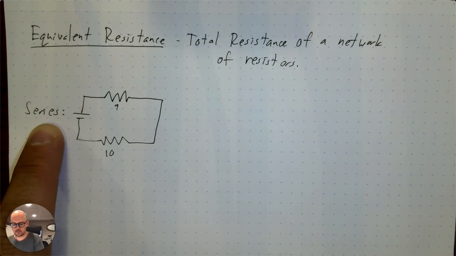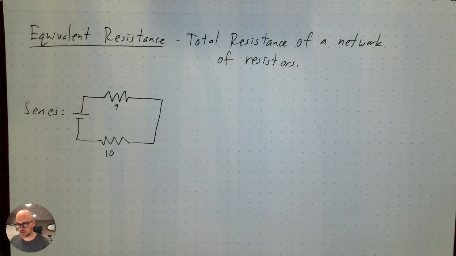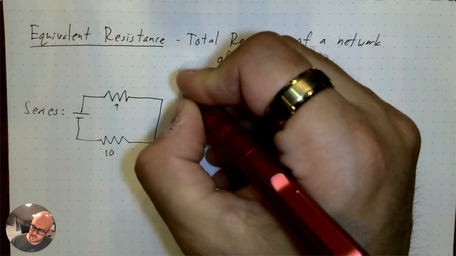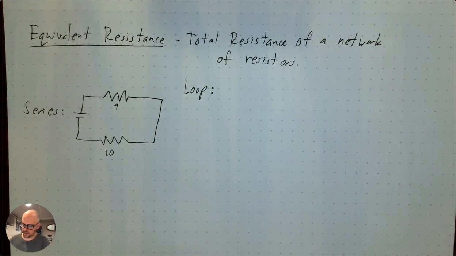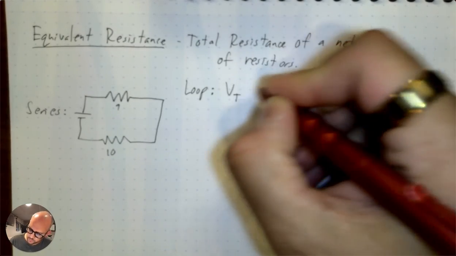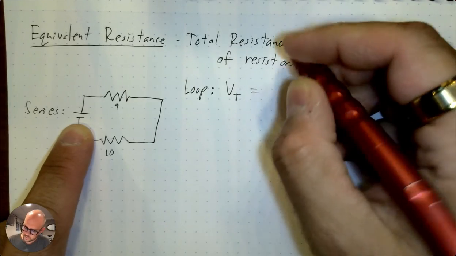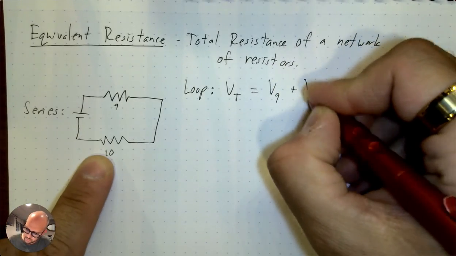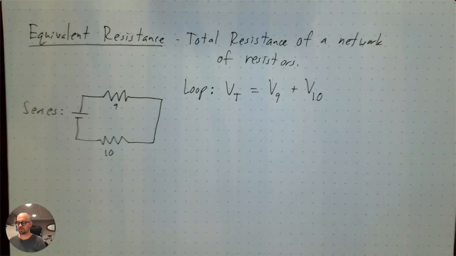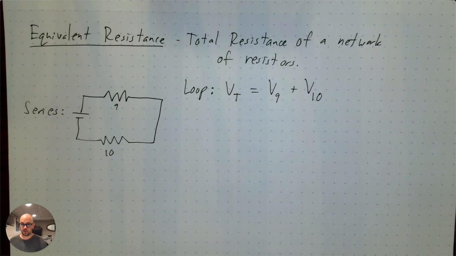In series, how do I calculate the total resistance? I start with the loop rule. The loop rule says that the total voltage is equal to the voltage across this one plus the voltage across this one. That's the first rule that I have.